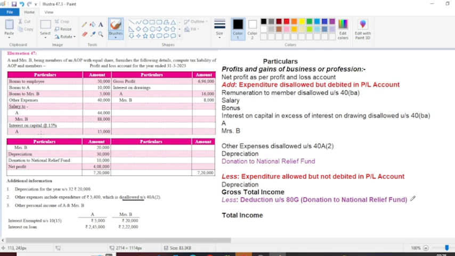Now let us calculate the total income. First, let me add all these expenses: 1,32,000, 15,000, 12,000, 5,400, 30,000, and 10,000, which totals 2,04,400, to be added back to the net profit.